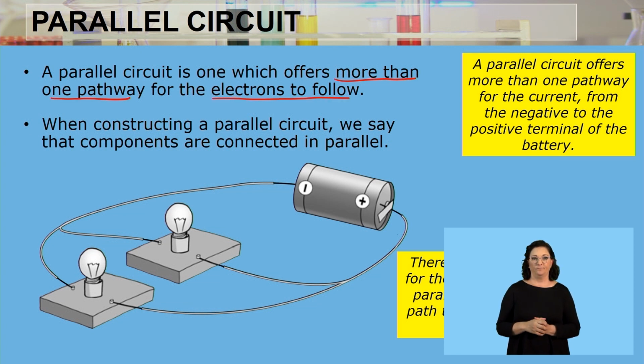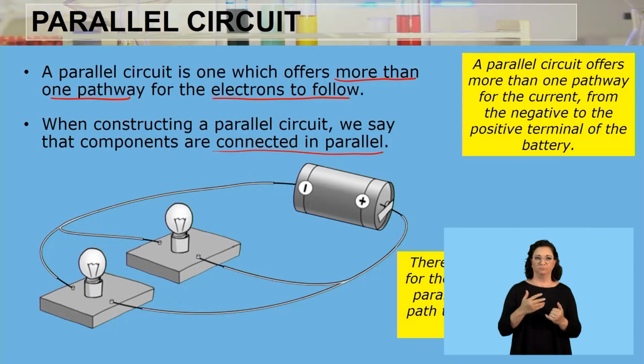Now, when we are constructing a parallel circuit, we say the components are going to be connected in parallel. Why? Because there's going to be more than one way for these electrons to flow. So in a parallel circuit, as we have in this diagram here, when the electrons get to the junction here, some electrons are going to use this path, and the other electrons are going to use the other path.